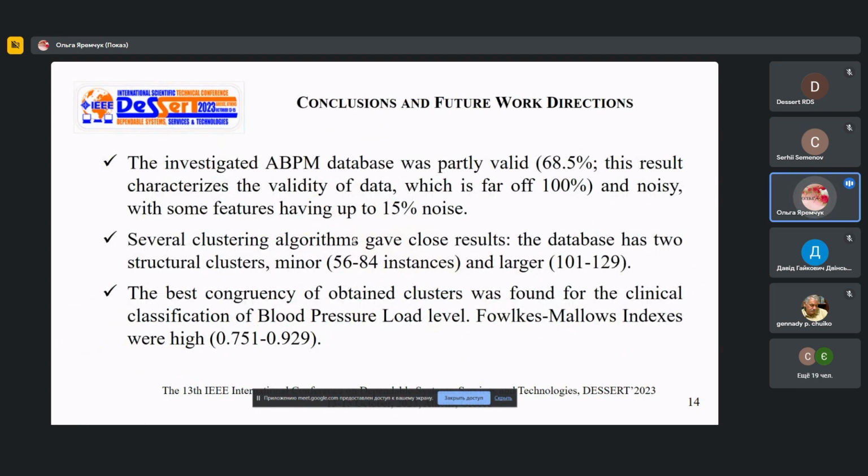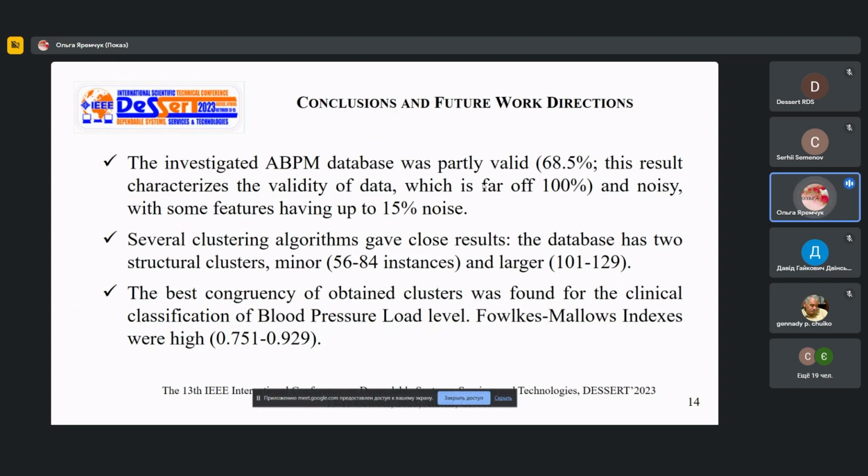So let's go to the conclusion and future work directions of our report. The main conclusions of the study include the recognition of the ABPM database noise and the identification of the blood pressure load level as the optimal classification class.